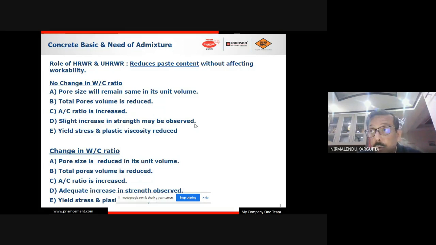When we reduce water content, the water cement ratio is reduced and the aggregate cement ratio is increased. In the earlier case, the water cement ratio remained constant, but a little change in aggregate cement ratio was found, and it is in increasing mode. Yield stress and plastic viscosity are also reduced. Now it is very clear. This is the gist of my previous slides.